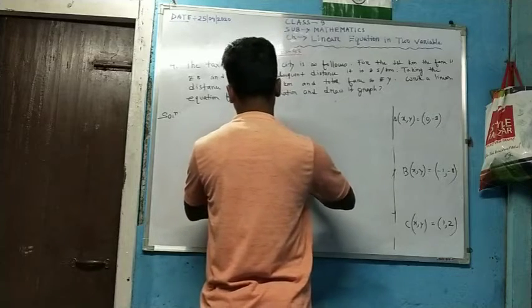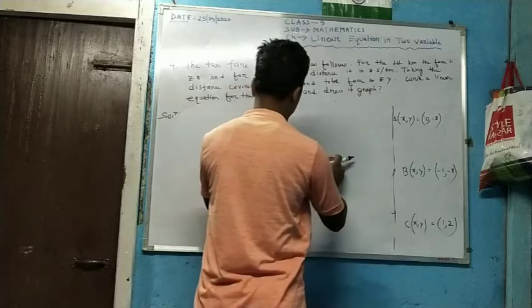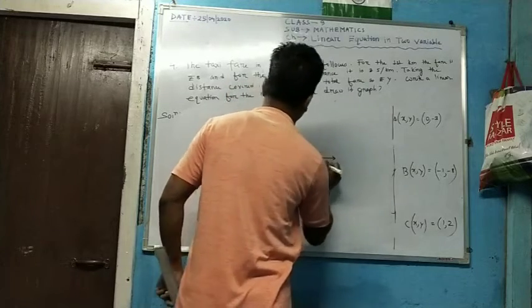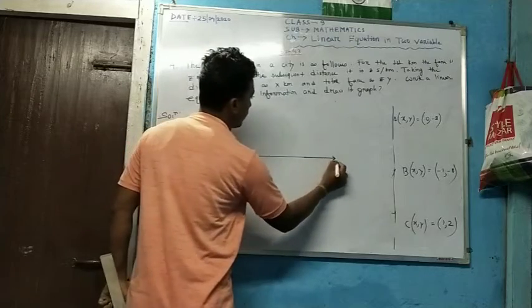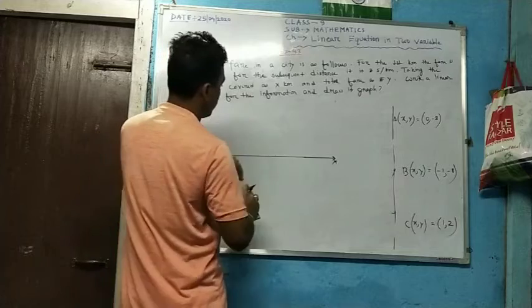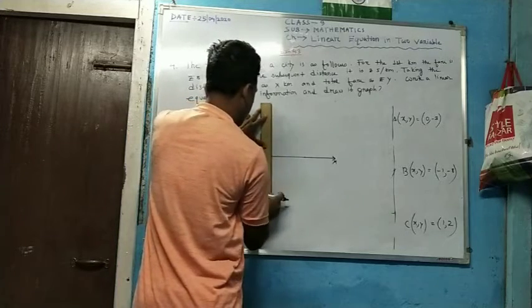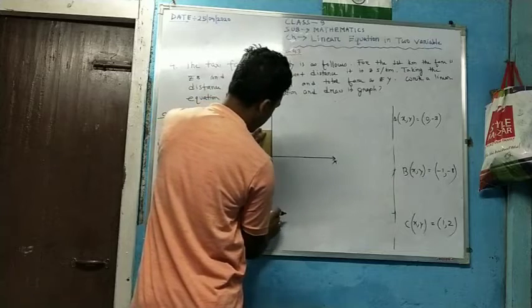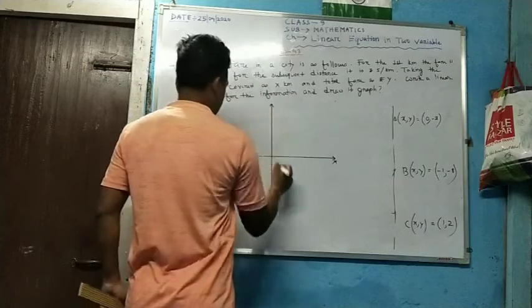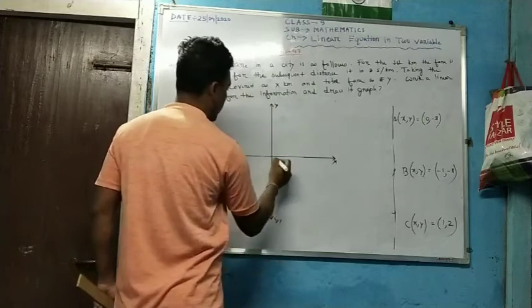So this is the x-axis, x dash, and this is the y-axis, y dash.